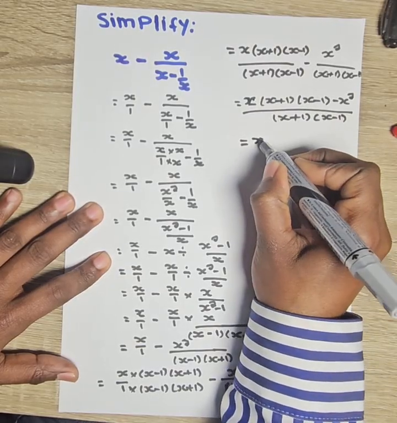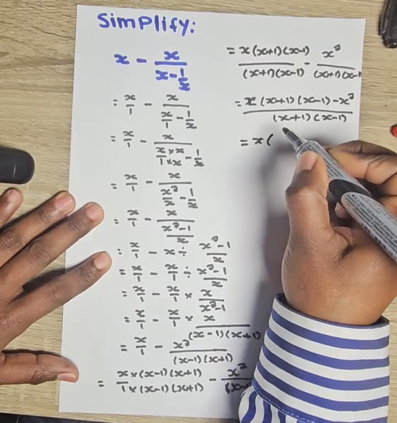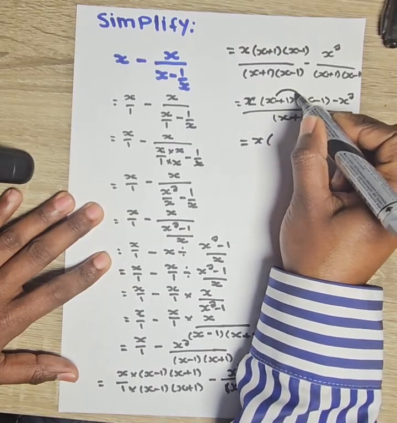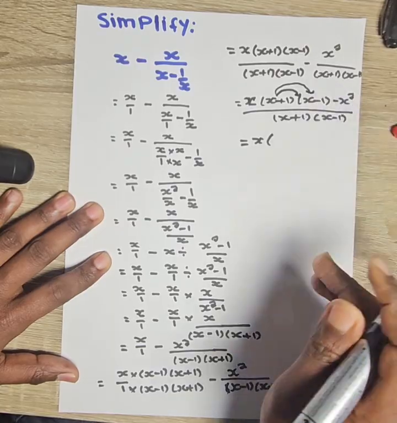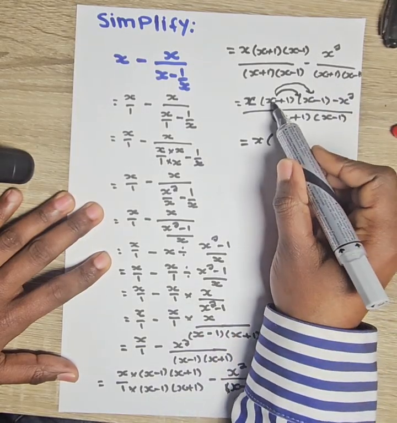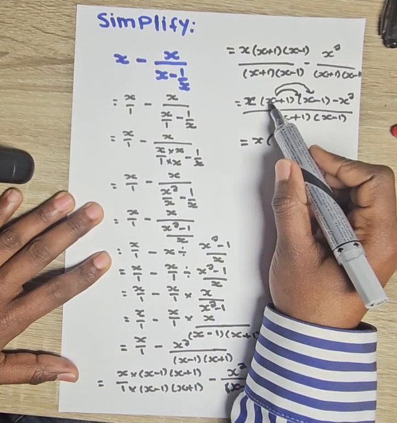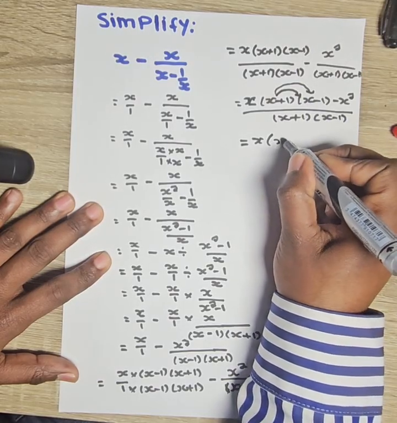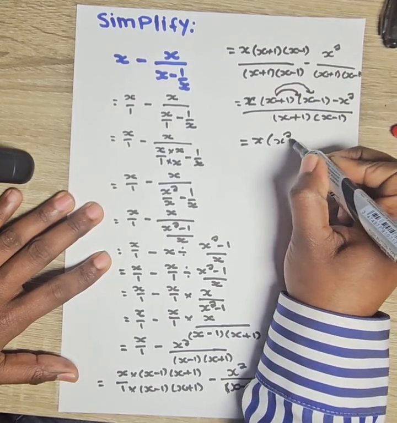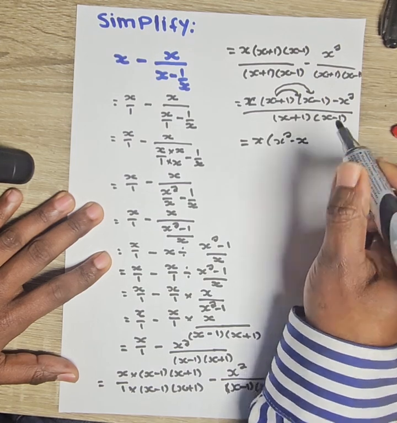So this is just a binomial times binomial, which means I will first multiply the first term in the first bracket by both terms in the second bracket. x times x, x squared, x times minus 1 minus x.